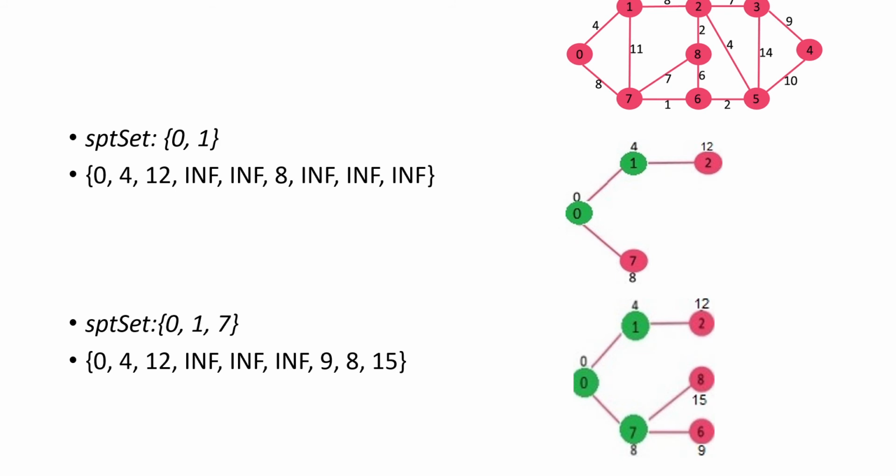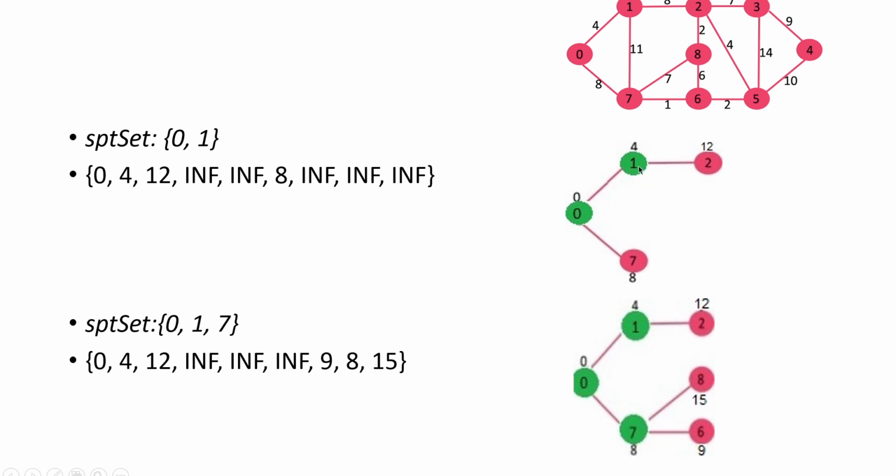So here are the next two iterations of Dijkstra's algorithm. Since 0 is already in the shortest path tree set, we found that vertex 1 is not in the shortest path tree set, and it has the minimum distance in the distance list. So next we add 1 to the set and we update the adjacent vertices of vertex 1. However, we found that 4 plus 11 is actually greater than 8, so we don't update the value at 7.